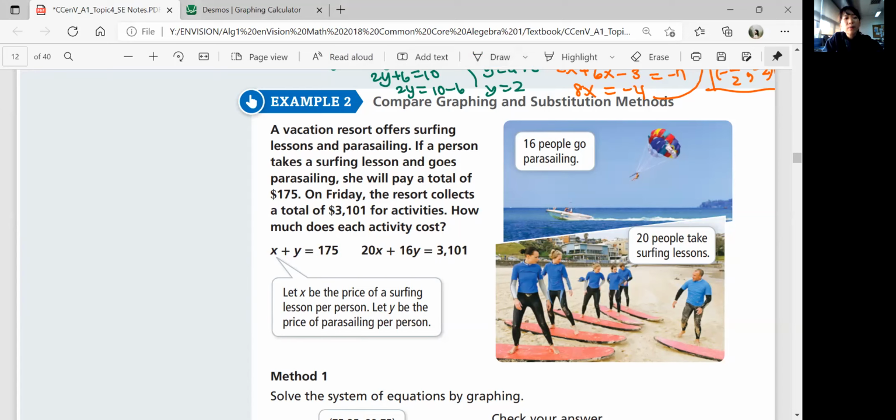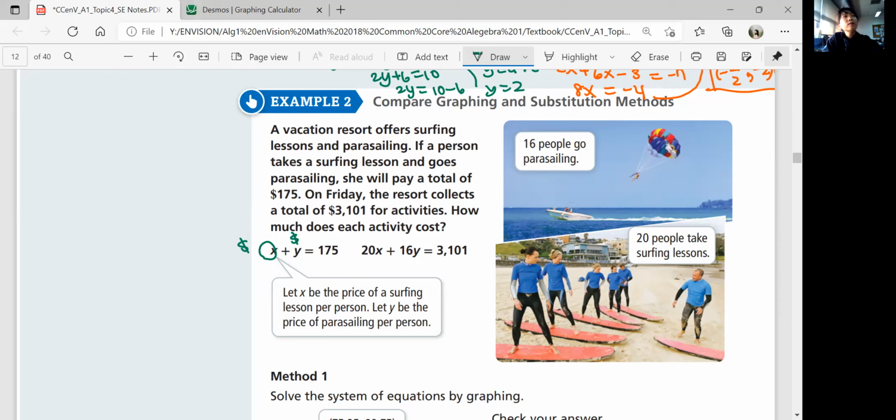What do x and y represent? X is the price of a surfing lesson per person. This is a price, okay? Y is the price of parasailing per person. So we're talking about price here, okay? Parasailing plus surfing, one parasailing and one surfing, total is 175.